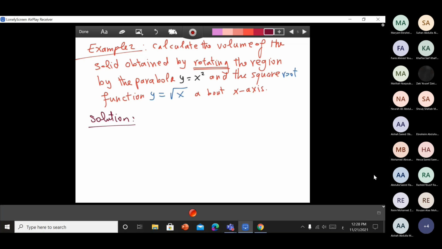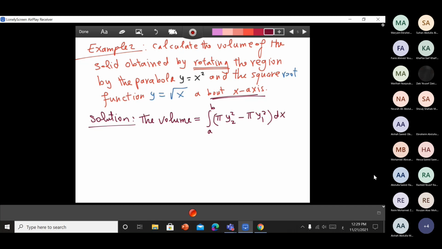Because I'm going to rotate about the x-axis, the volume equals the integration from what? In general, I know from A to B of the first one squared minus the second one squared, dx.